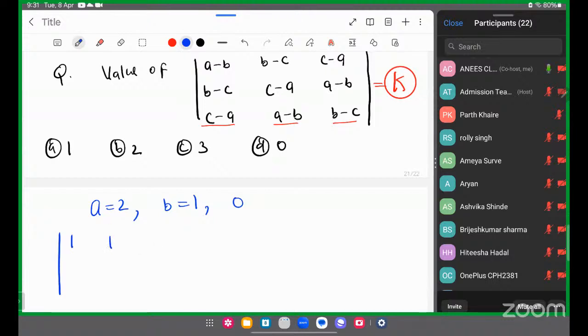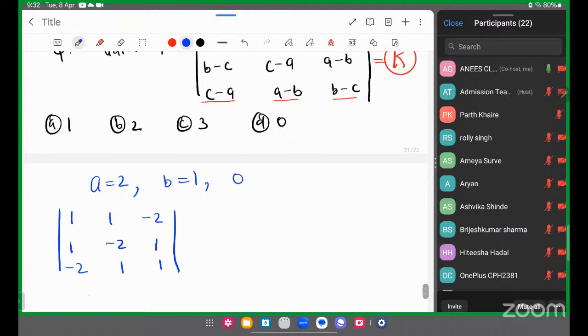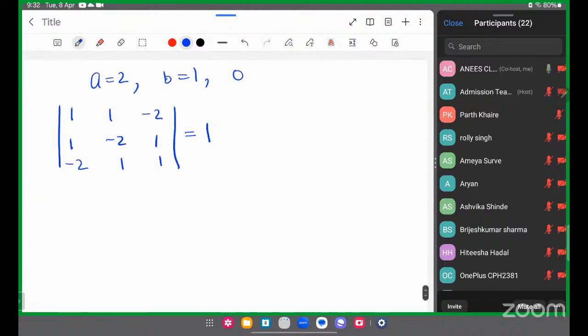C minus A, 0 minus 2, minus 2. B minus C, 1. C minus A, minus 2. A minus B, 1. Simplify it. So we will take 1.